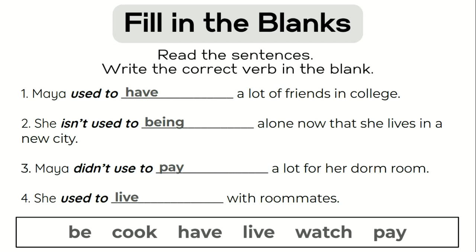And that simply means that if it is something that we are used to doing now, it is something that we are comfortable with, something that we are familiar with, something that is now a part of our lives. If we use the negative, isn't used to doing, then that means that it is still new to us. It is not familiar, not comfortable. We are not accustomed to doing it yet.